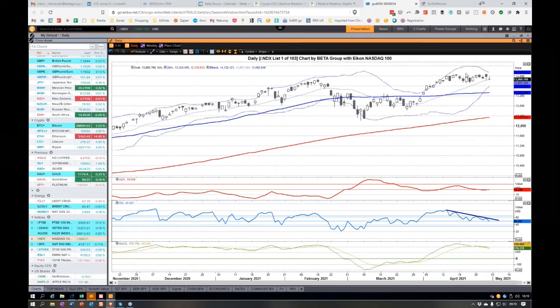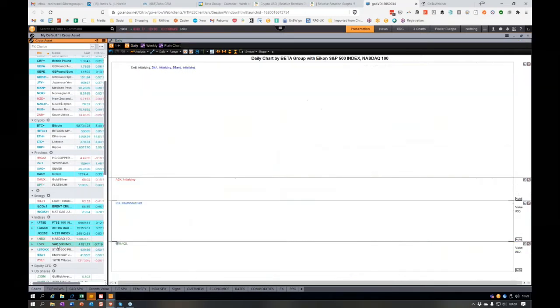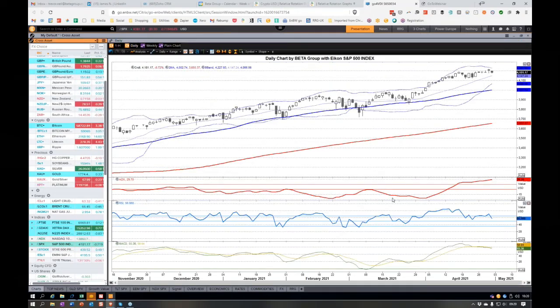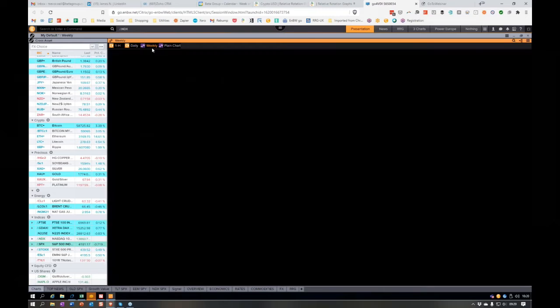It's quite flat and weak. It should be supported by this previous high at 13,870 here, which is just below us, and it does look as though it's coming to rest there. But basically, it hasn't got a lot of momentum in the way it had, and it's not the leader that it was.